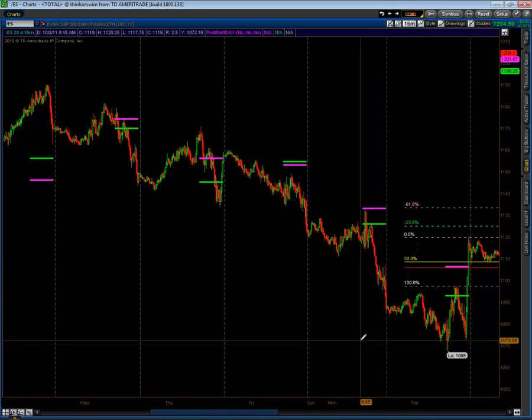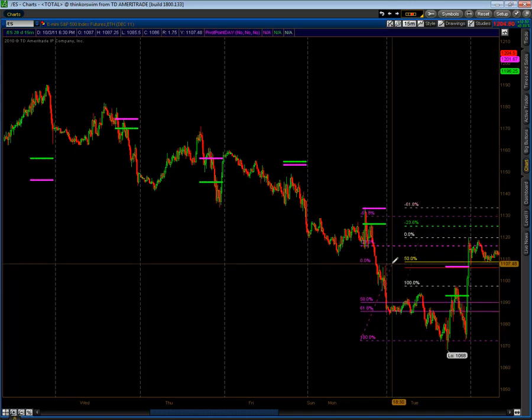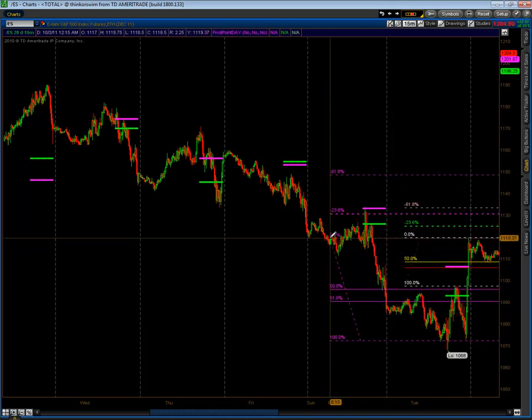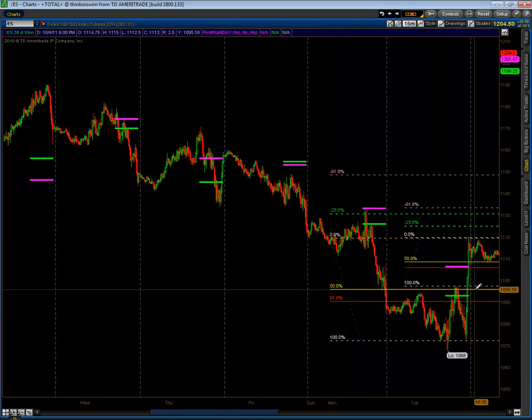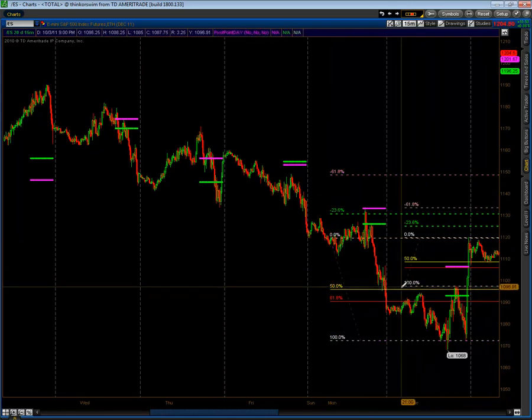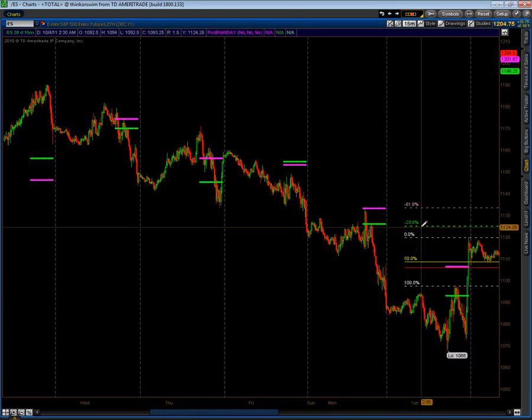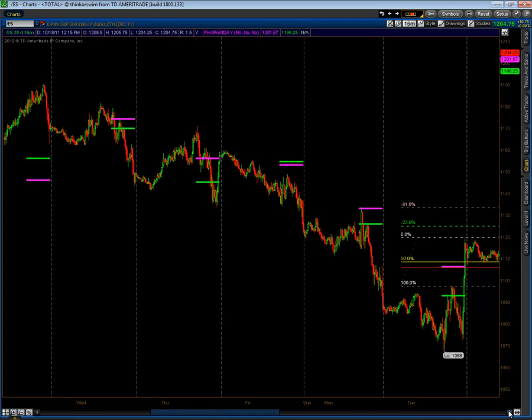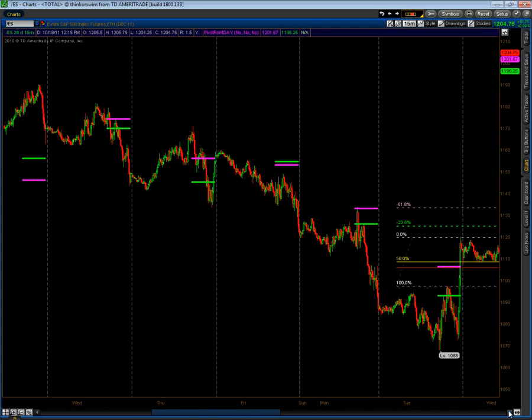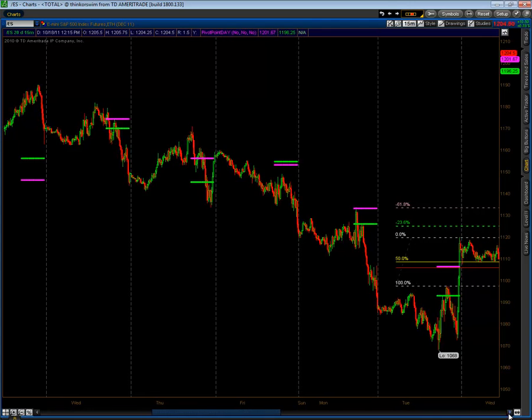It's possible that even if this extension fails, we could come halfway back to this level here and then continue up. But let's stick with our plan here at this point until this thing fails or hits its target.